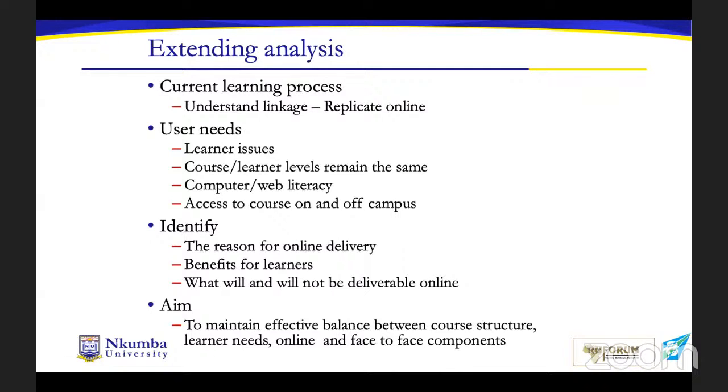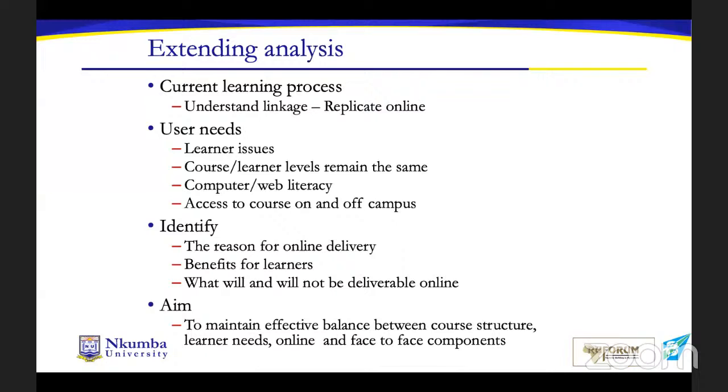Are we simply going to replicate everything we are doing in the traditional classroom into the online classroom? The answer is no, it doesn't work like that. This is why it requires you to do that analysis and know what can work for me online and for what particular purpose. Does it really fit the purpose?